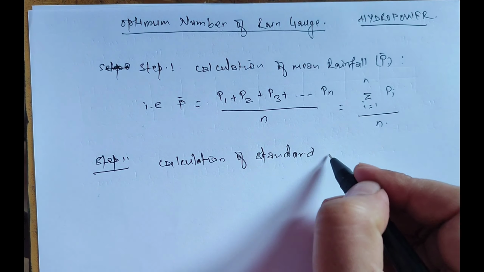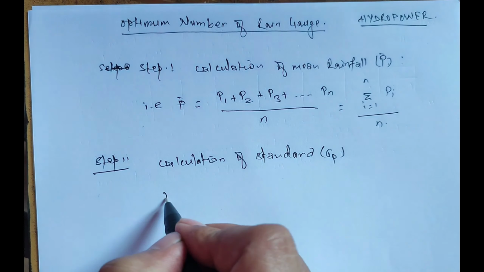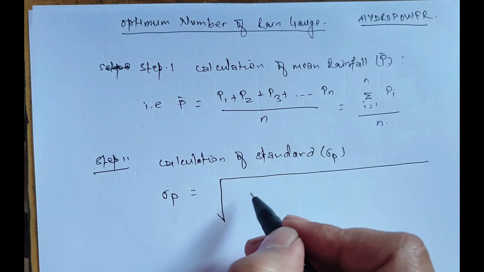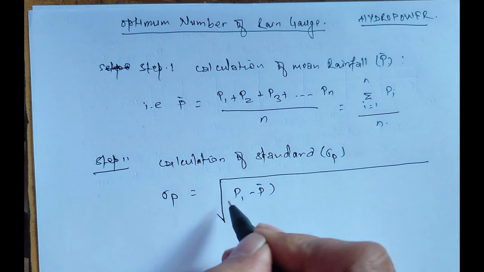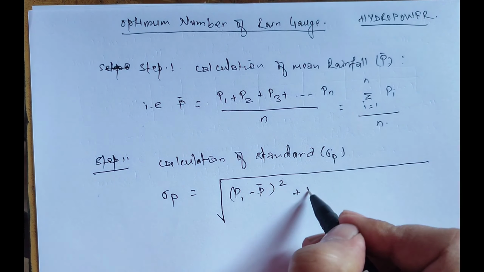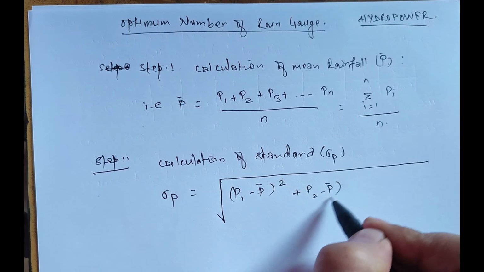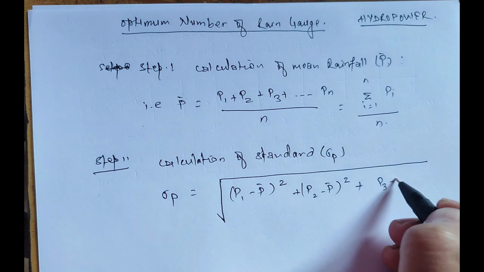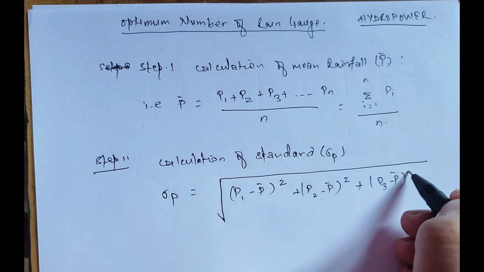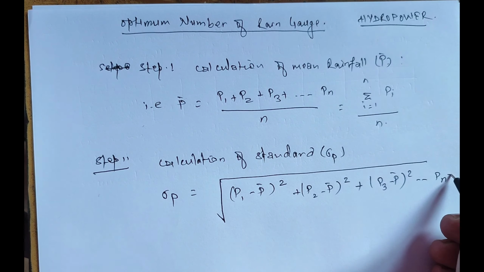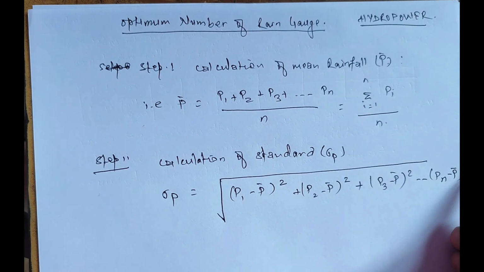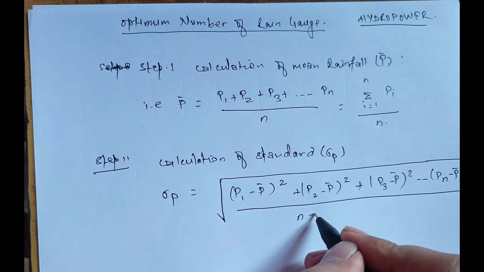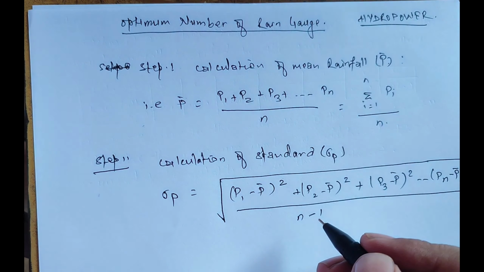Standard deviation sigma P can be calculated as sigma P equals the root of P1 minus P bar whole square plus P2 minus P bar whole square plus P3 minus P bar whole square up to Pn minus P bar whole square, divided by N minus 1.